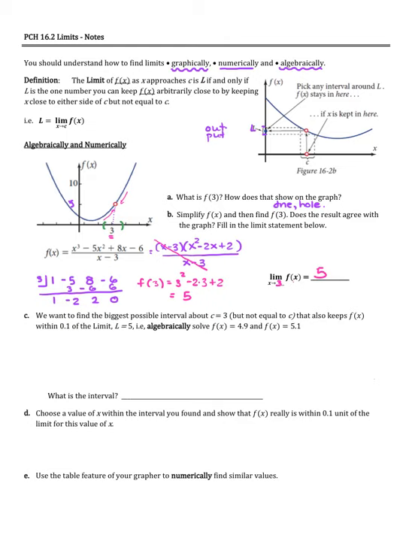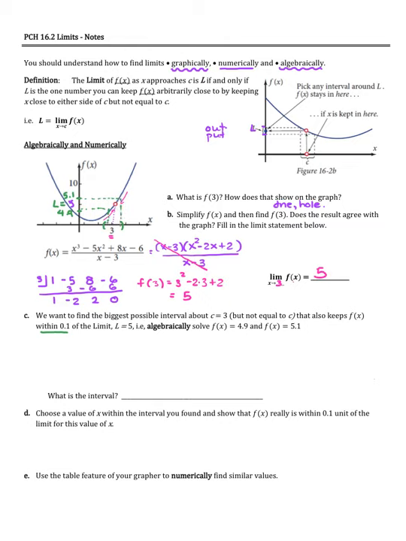But we want to keep our limit, which we now know is 5, within 0.1. So I'm going to exaggerate this just because it's hard to draw 0.1. That means I'm looking at 5.1 and 4.9 if I carry these over to my graph and follow them down.